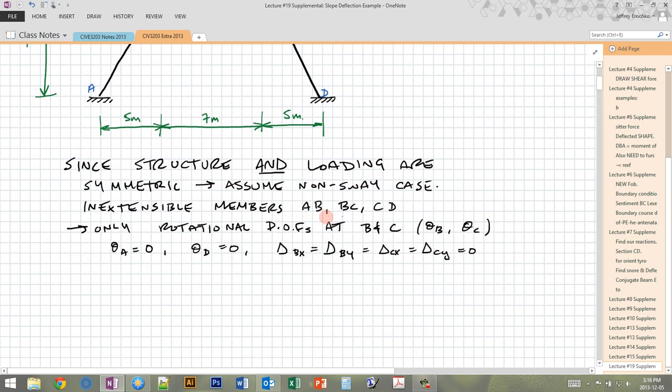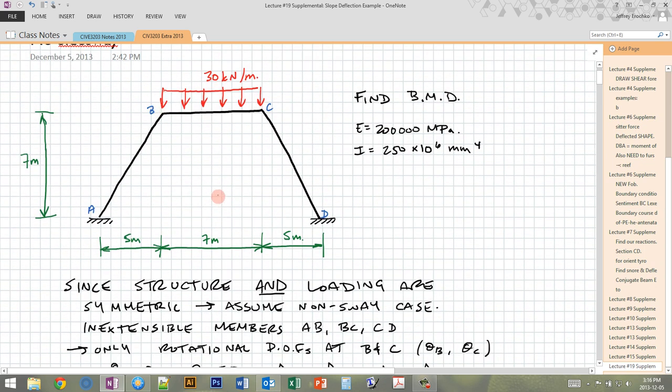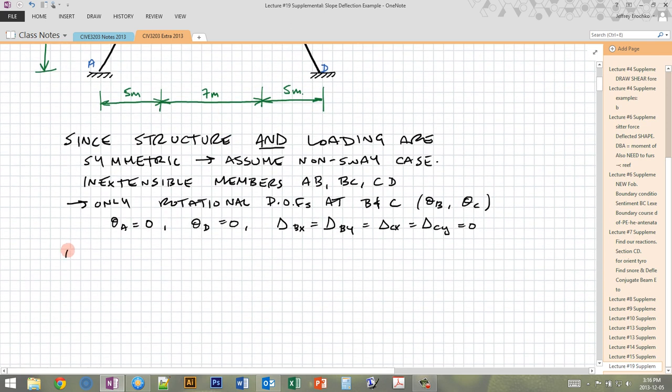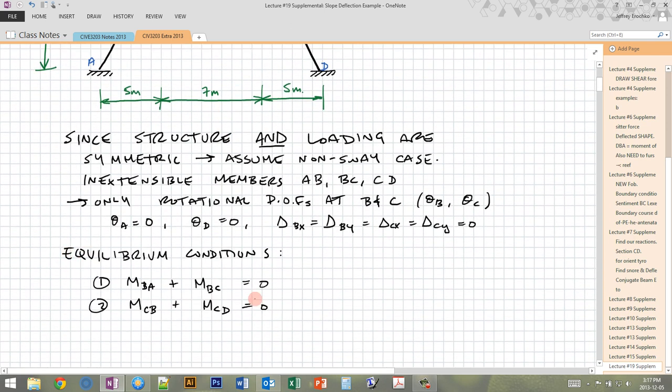Correspondingly, we're going to have one equilibrium condition for each joint, B and C, and those equilibrium conditions are going to look like this. So we have one for each joint that we have a rotation at.